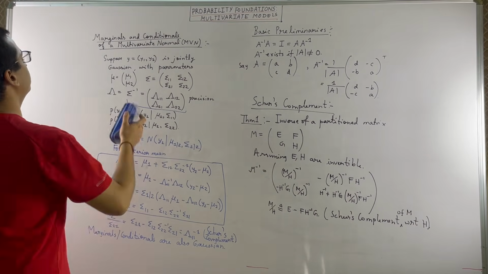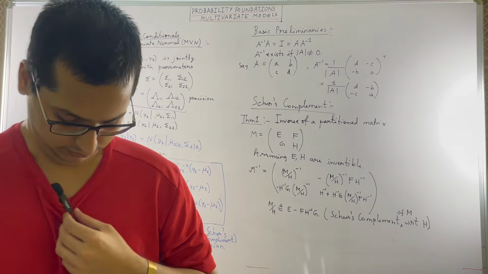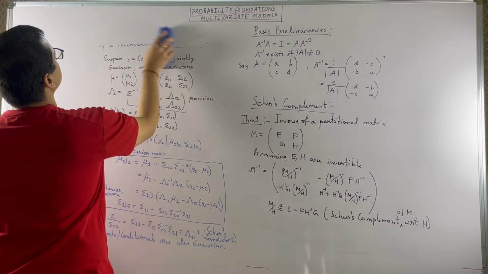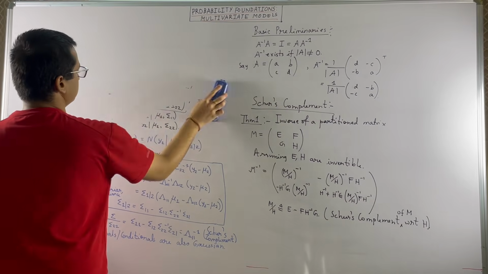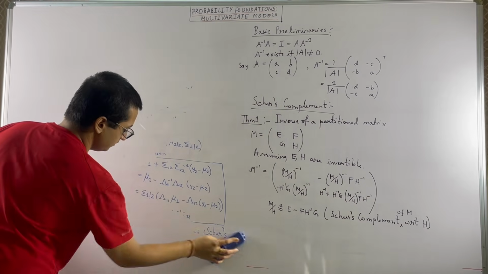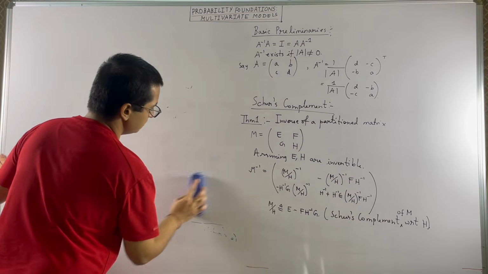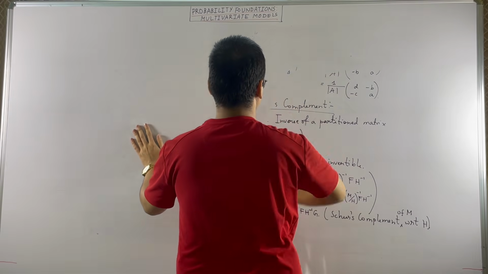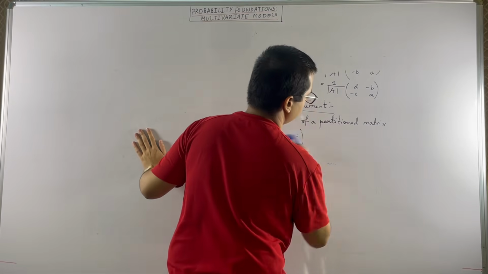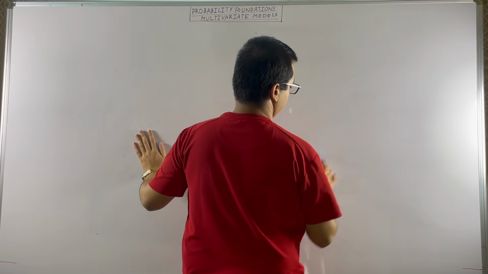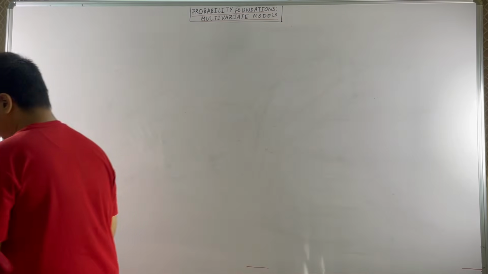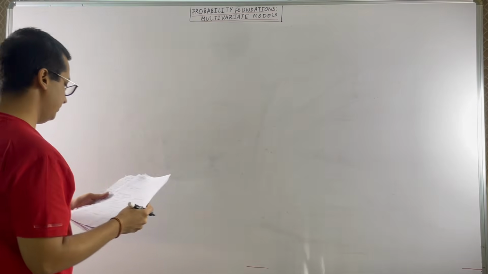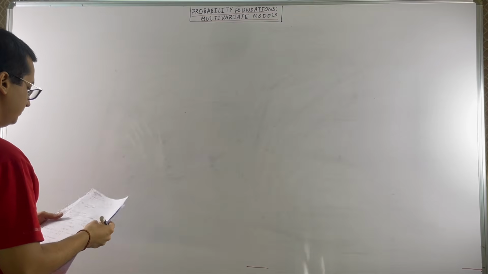So let me erase this off. All right. So see, we have this matrix M equal to E F G H, all right.